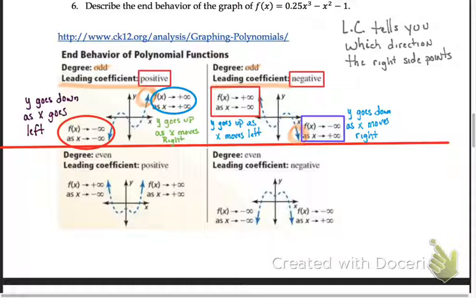Y is going down as x moves to the right. It doesn't change. They're not opposites of each other. They're going to be the exact same. So in terms of how I would write it, y goes up, y goes down, whatever I write to the right side, because the right side is always going to tell me what's going to happen. It's just a matter of checking to see, is the left side the same or is it in the opposite direction?